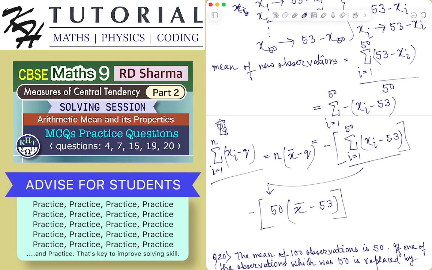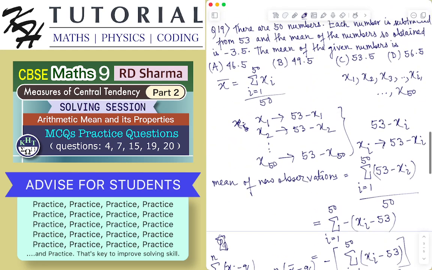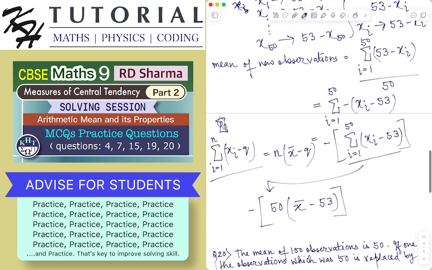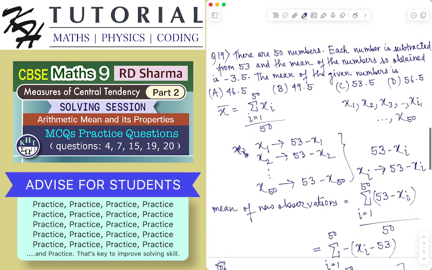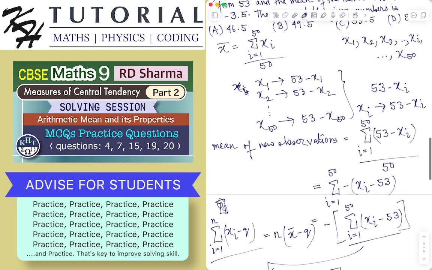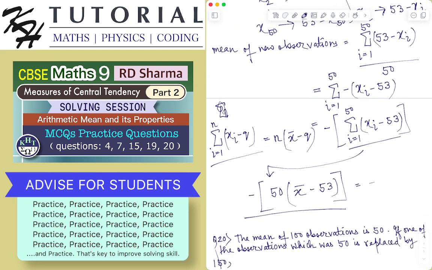So it is 50 multiplied by x bar minus 53, where x bar is the mean of the original 50 numbers. This is the mean of the new observations after deducting each observation from 53, and the mean is given to be minus 3.5. So this is equal to minus 3.5.